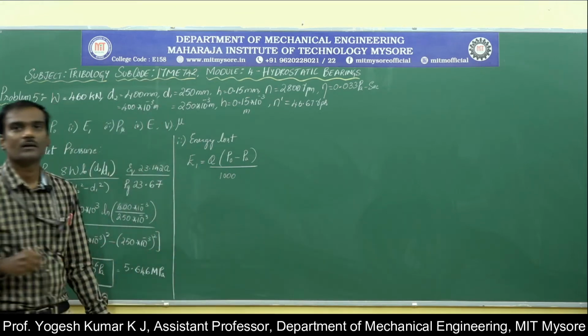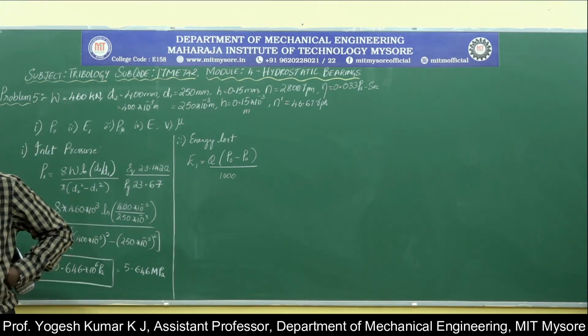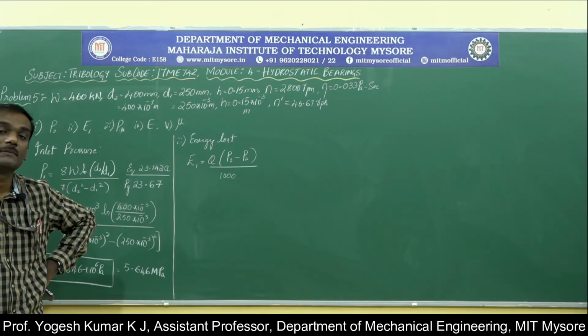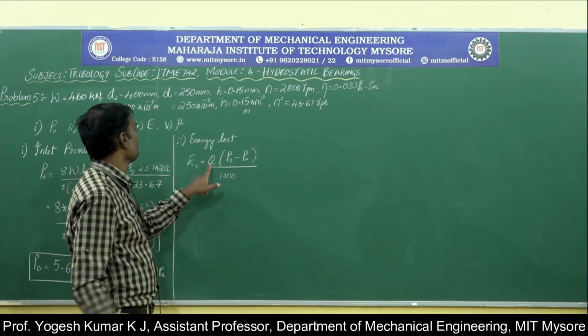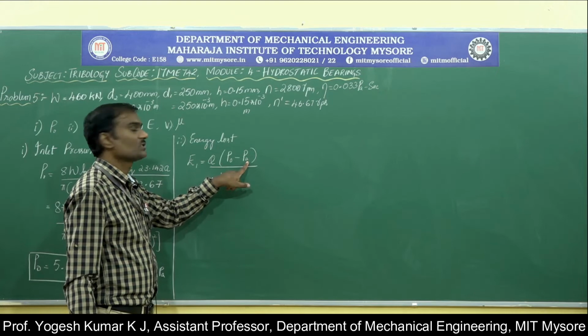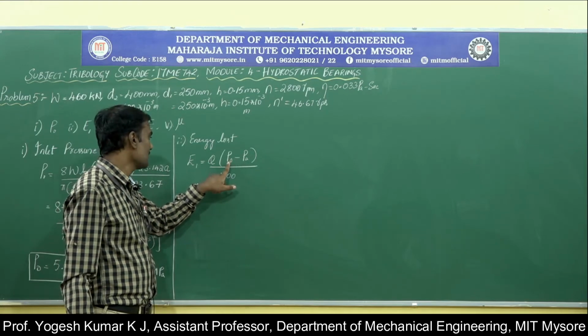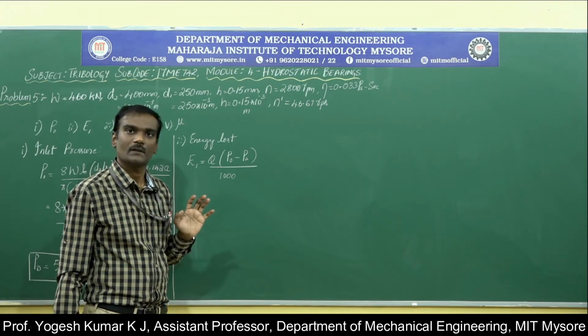This formula is not available in our data handbook, but we need to remember this. The term is very simple: the amount of fluid that has to be supplied, and the difference of pressure at which it has to be supplied.